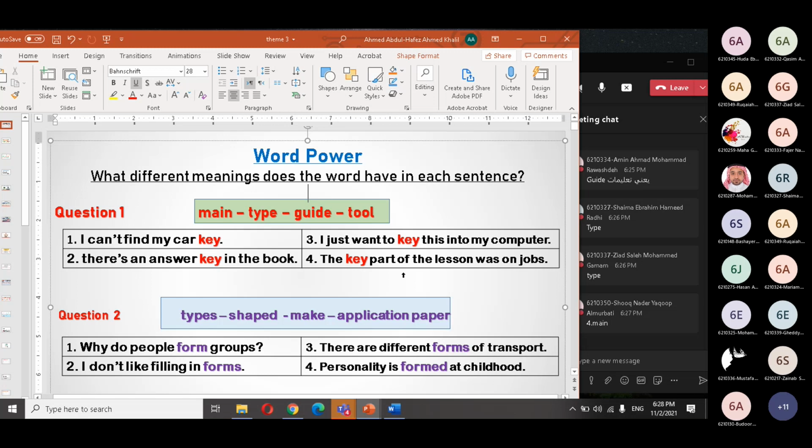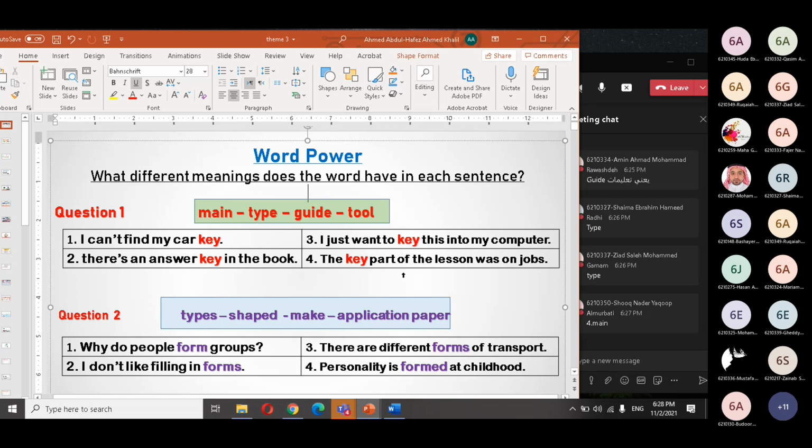Don't say, what is the meaning of this word? Try to understand the general meaning, because meanings of words change according to the context. المعنى بيتغير حسب context، يعني حسب المحتوى. والدليل اهو.